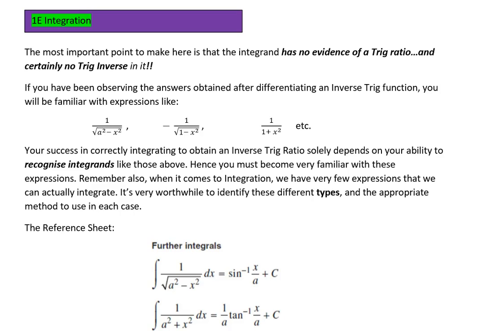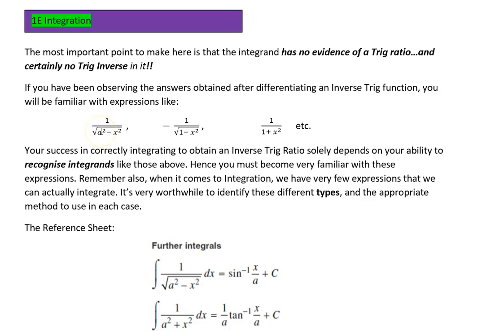Well, hopefully you really paid attention to your derivative answers, and there is the indicator of the type of fraction that you could be asked to integrate. So we might be asked to integrate 1 over the square root of some constant a squared minus x squared.